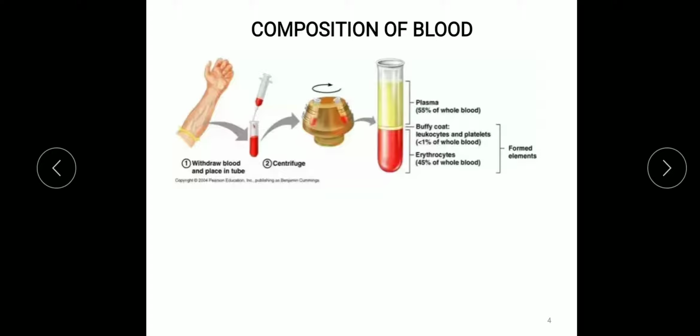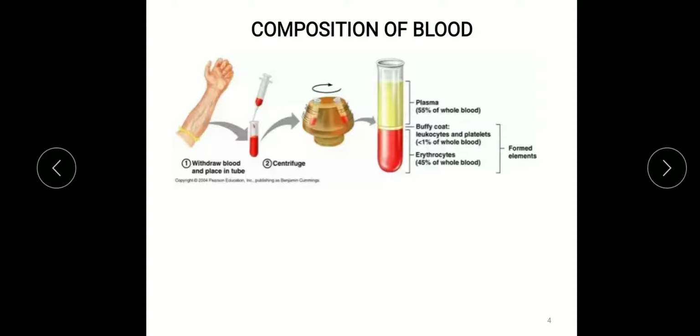The heavier elements in the blood are erythrocytes, and these settle at the bottom. Above the erythrocytes there is a layer composed of the remaining formed blood cells. These are WBCs or leukocytes and platelets.